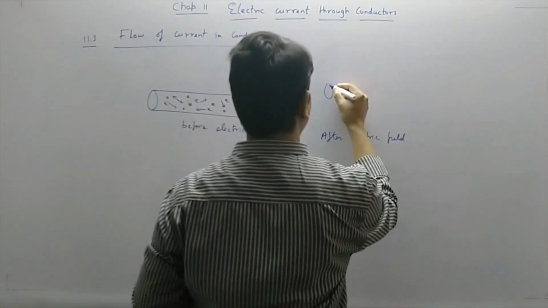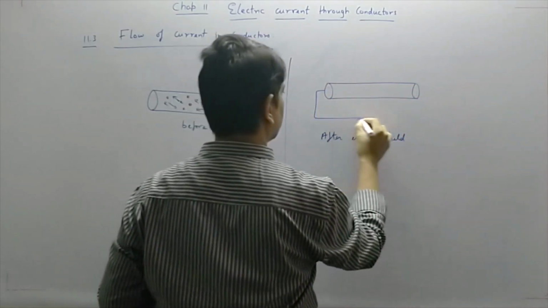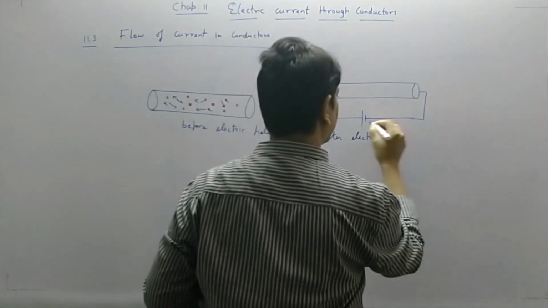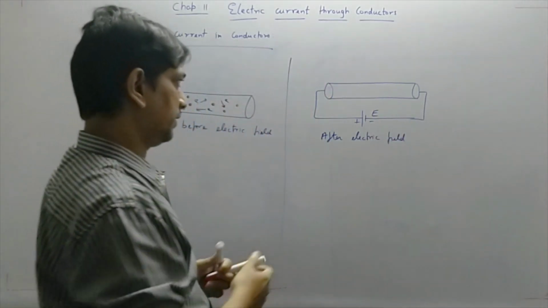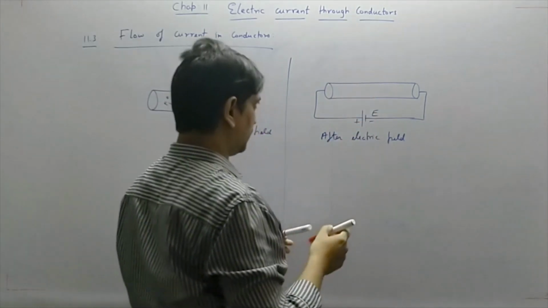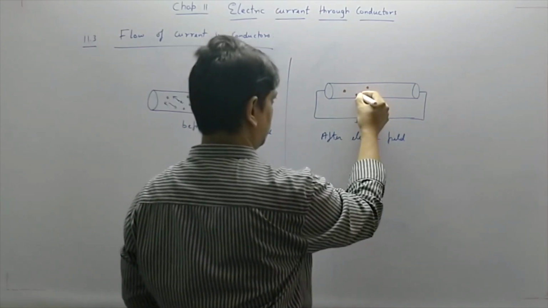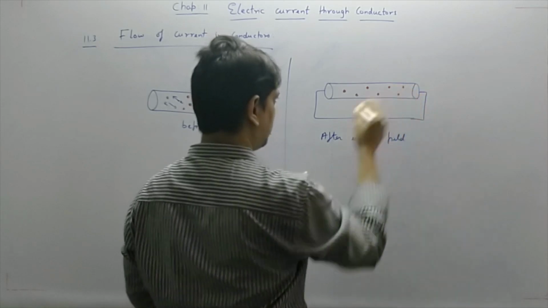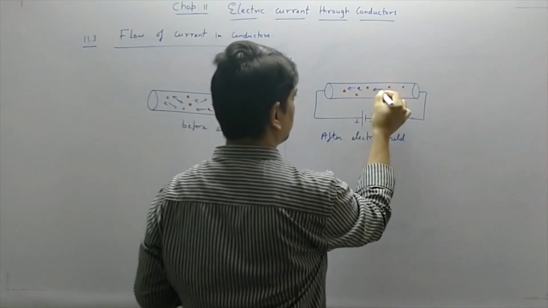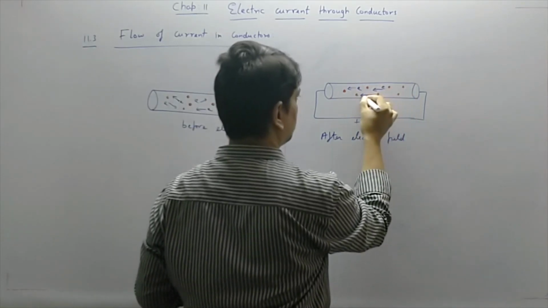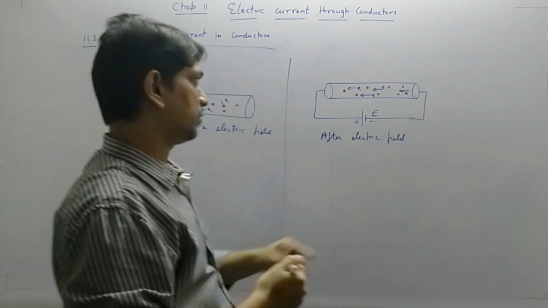And after the electric field, when we apply an electric field to the conductor, that is the battery, EMF, electromotive force, all the electrons which are there, large number of atoms are there, and the electrons will start moving from negative, that is from low potential to high potential.